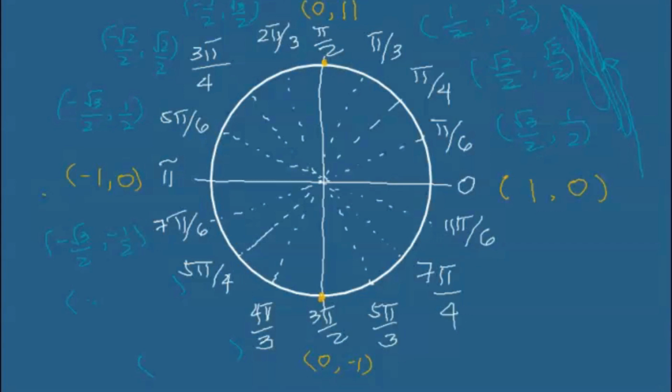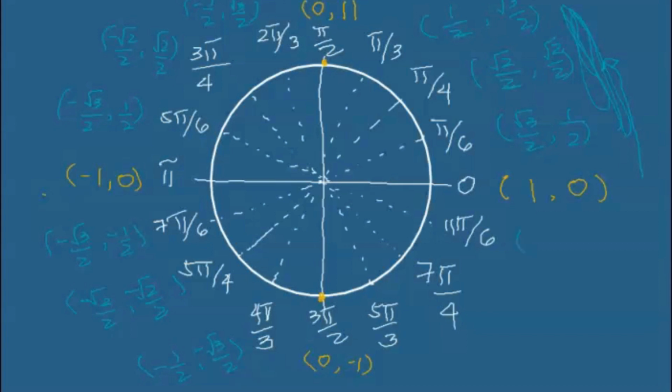For 5 pi over 4, both x and y, square root of 2 over 2, are negative. And for 4 pi over 3, we have negative 1/2, and square root of 3 over 2, also negative.